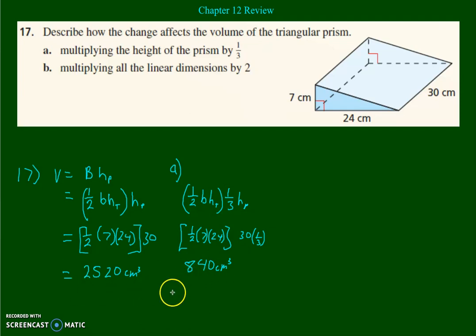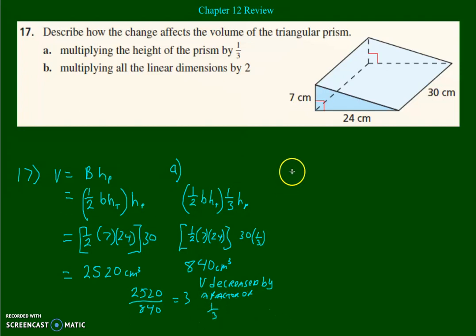And we can verify the ratio by saying 2520 divided by 840, that is 3. Therefore, we would say that the volume has decreased by a factor of 1/3.